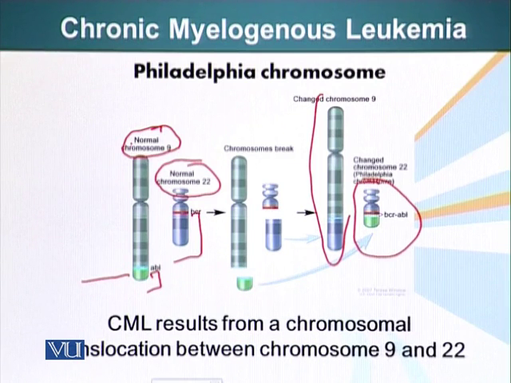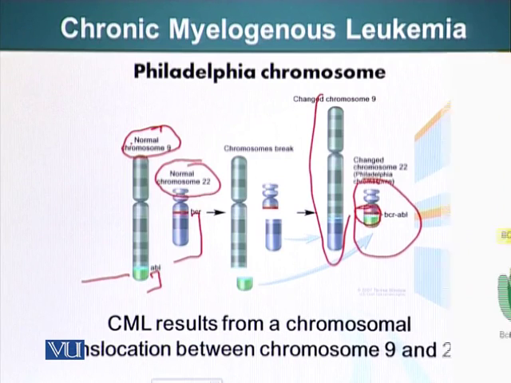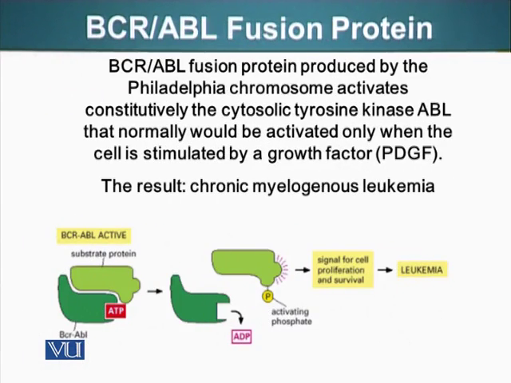Without the inhibitory domain, this fusion protein, a hybrid protein between BCR and ABL, starts phosphorylating proteins even if the signals to proliferate are not there. Signals, for example PDGF, we said, can cause cells to divide. So when this happens, these cells start to divide and this results in chronic myelogenous leukemia. It's a type of blood cancer.